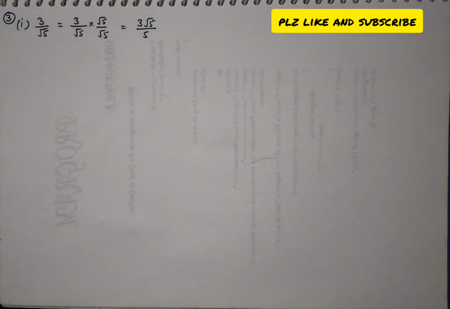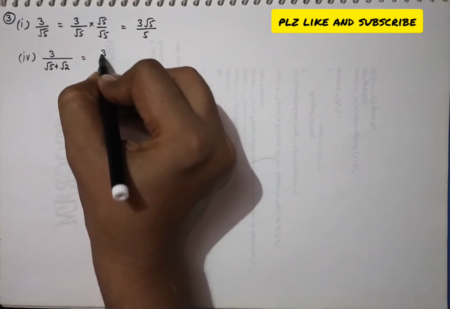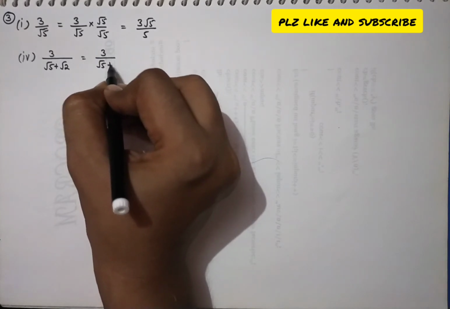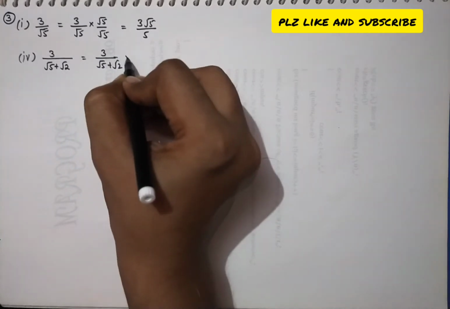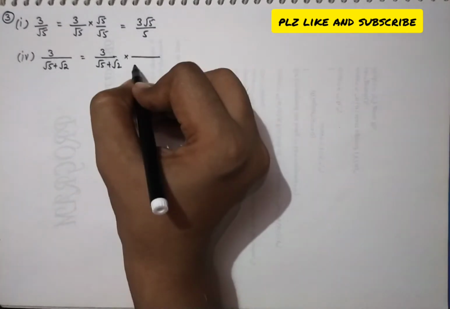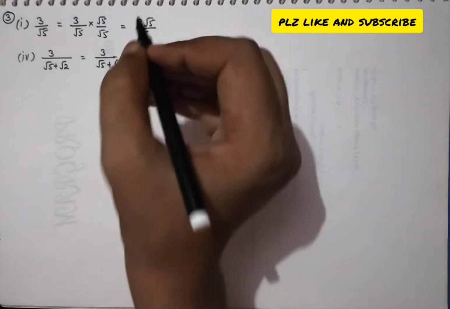Now let's see the fourth part of this one. Here we have to rationalize the denominator, which is root 5 plus root 2. So we are going to multiply by the conjugate of this one. We have 3 upon root 5 plus root 2, and we are going to multiply it by root 5 minus root 2 in the denominator as well as in the numerator.